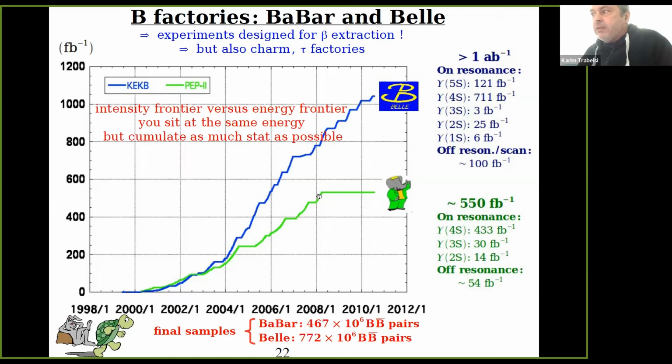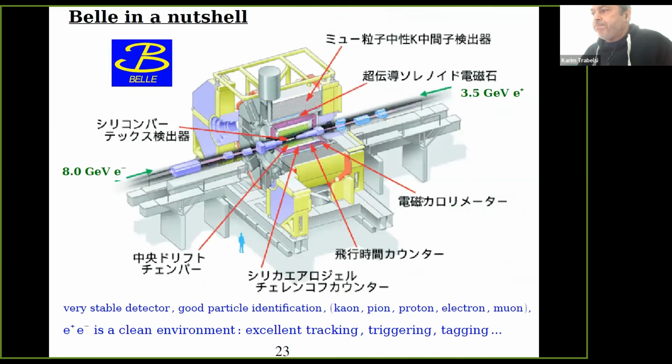And when you are done, it means when your funding agency thinks you are not anymore in the race, or you have done enough, or you cannot do much more, then the experiment stops. I said 2008 for BaBar and 2010 for Belle, and that's time to go to the next experiment.